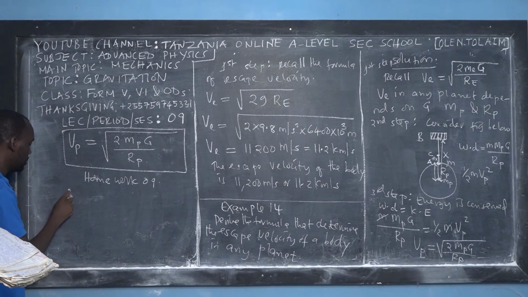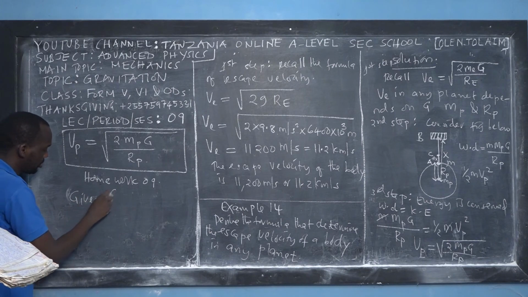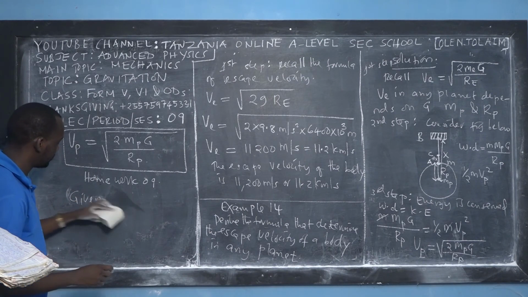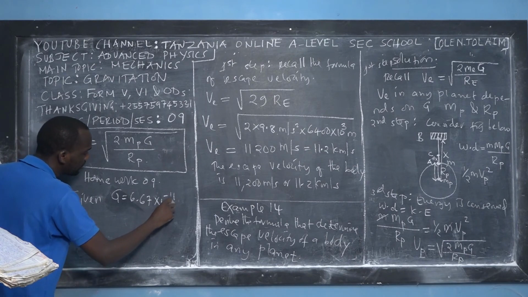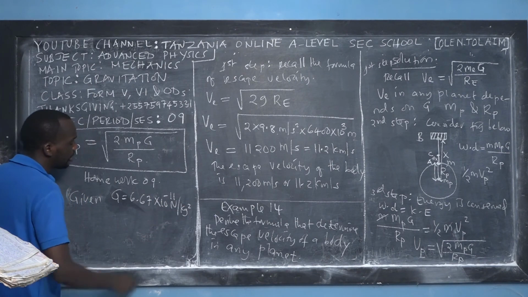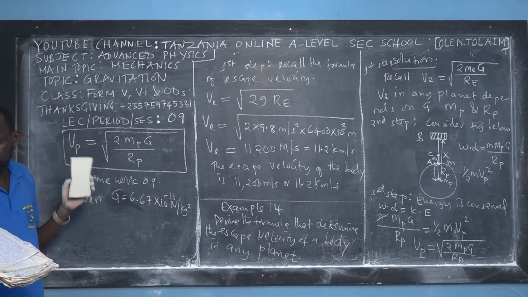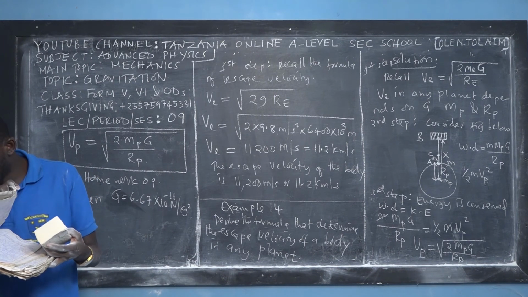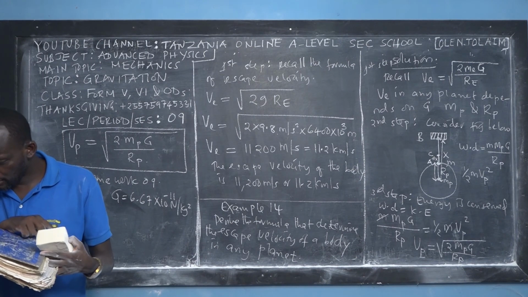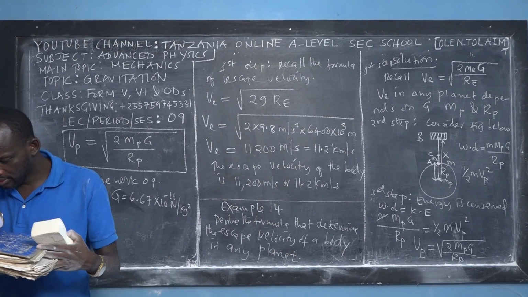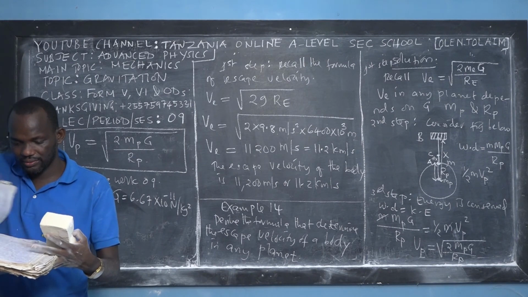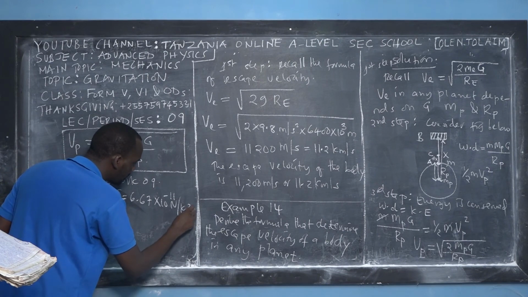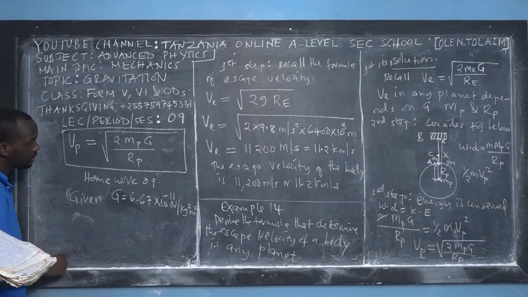We say that given the gravitational constant G, 6.67 times 10 to the negative 11 Newton meter squared per kilogram squared.